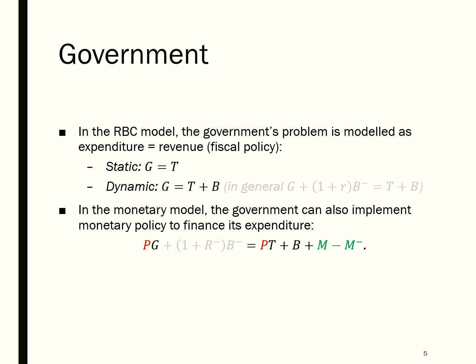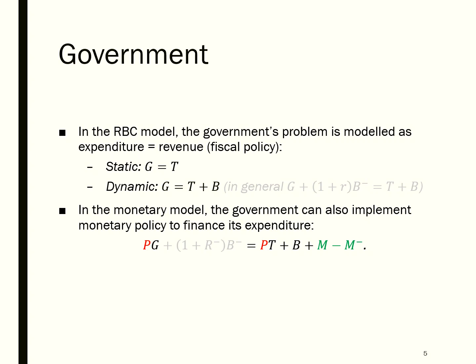You can just print money so that you can purchase your G. Another difference is that because we have a monetary model, everything has to be purchased by money, and G, which is the real units of output, has to be multiplied by P. P is the nominal price of each unit of output. So everything here has to be multiplied by P to give you a nominal value.